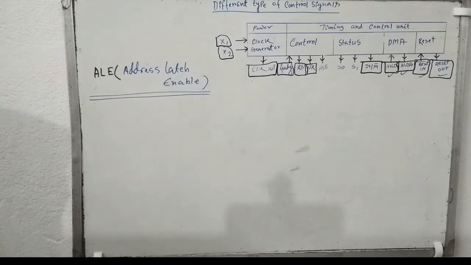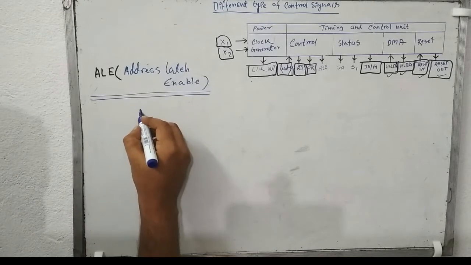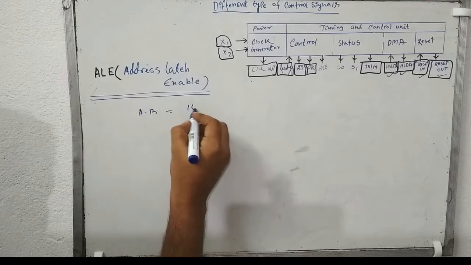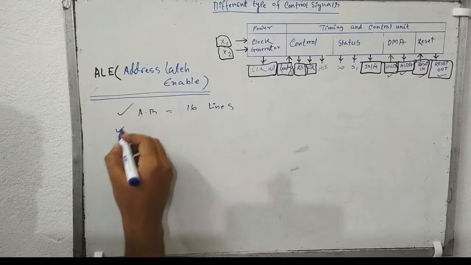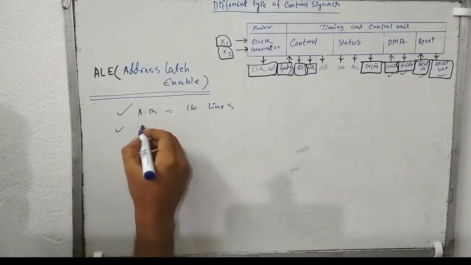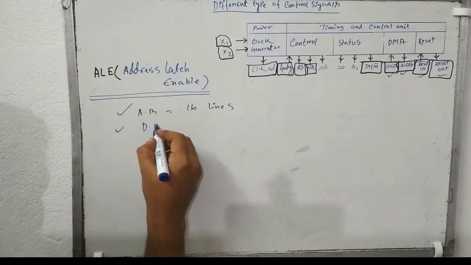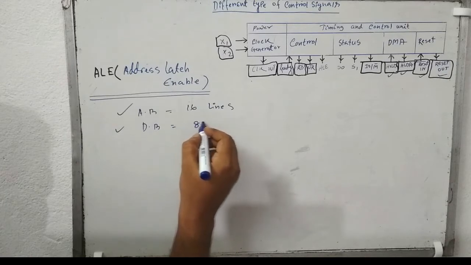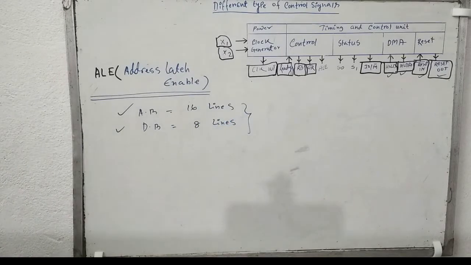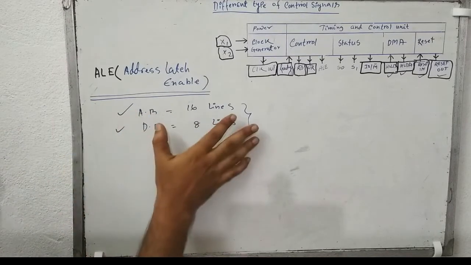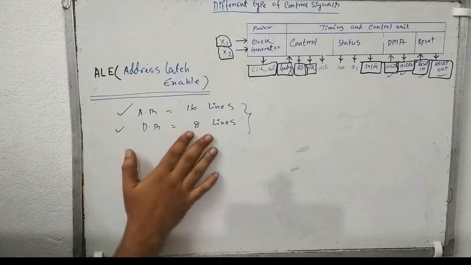So how many lines does the address bus have? The address bus has 16 lines. And as we also know, the 8085 microprocessor data bus is 8 bit, that means 8 lines are there. These are the basic features of the 8085 microprocessor. So the address line is 16 bit and the data line is 8 bit.